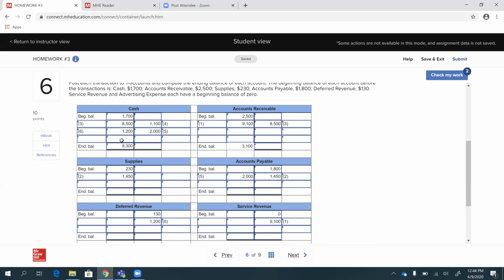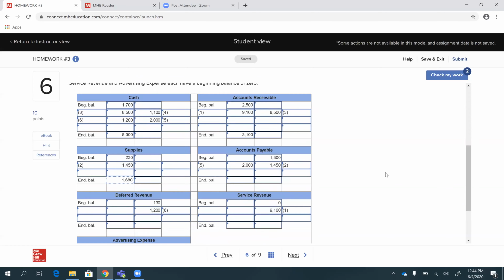Remember, we should have debit balances on these two as they are assets. In supplies, we didn't have any credits, so we simply add our beginning balance and our debit to get $1,680. So these are our assets. We expect them to all have debit balances.